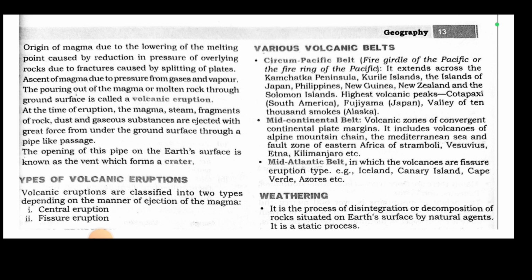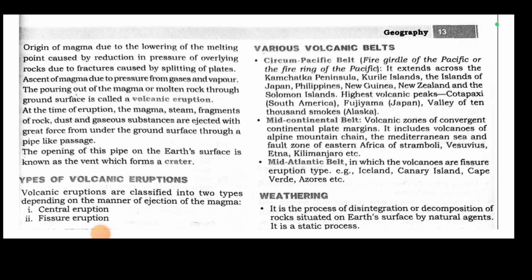Volcanic zones of convergent continental plate margins. It includes volcanoes of the alpine mountain chain, the Mediterranean Sea, and the fault zone of eastern Africa: Stromboli, Vesuvius, Etna, Kilimanjaro, etc. Mid-Atlantic belt, in which the volcanoes are of fissure eruption type: Iceland, Canary Islands, Cape Verde, Azores, etc.